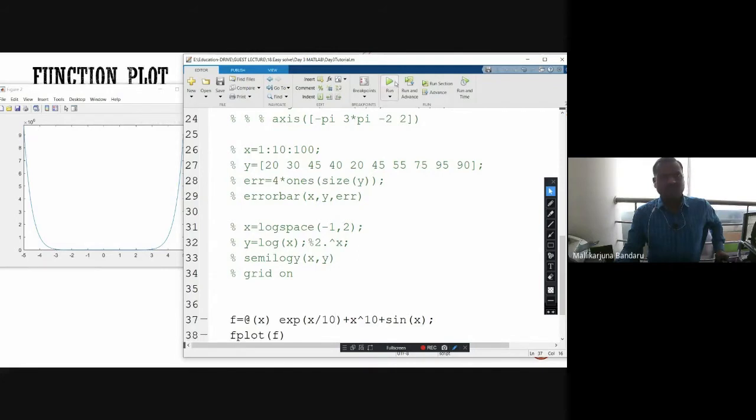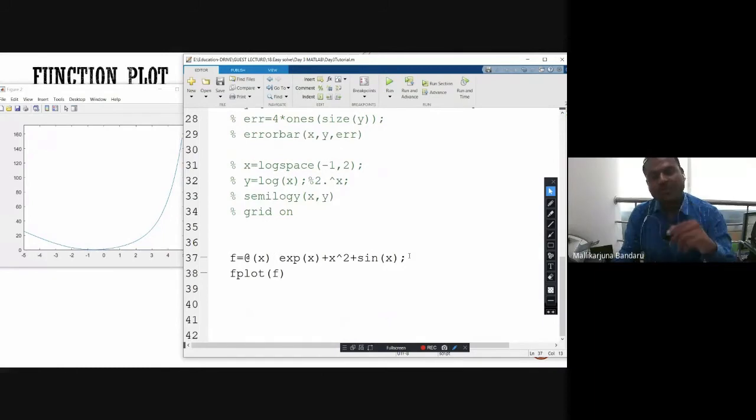Earlier it was 10 power 10, right? Now it is 10 power 6. Let me take, suppose, 10,000, then it will be reduced. Once you change this, you can feel the curve, a very simple curve. So this is one of the syntaxes.